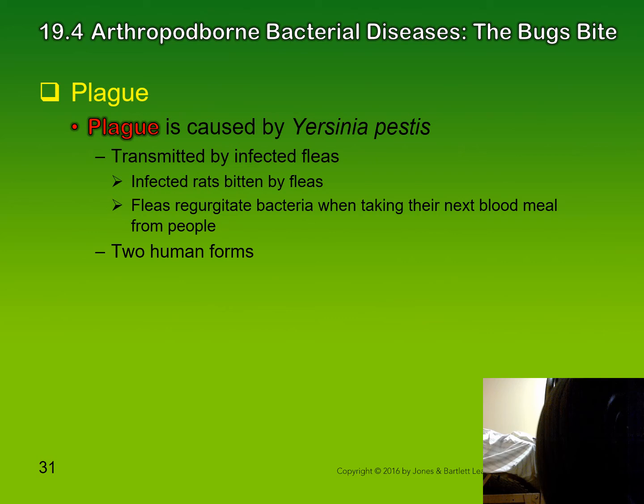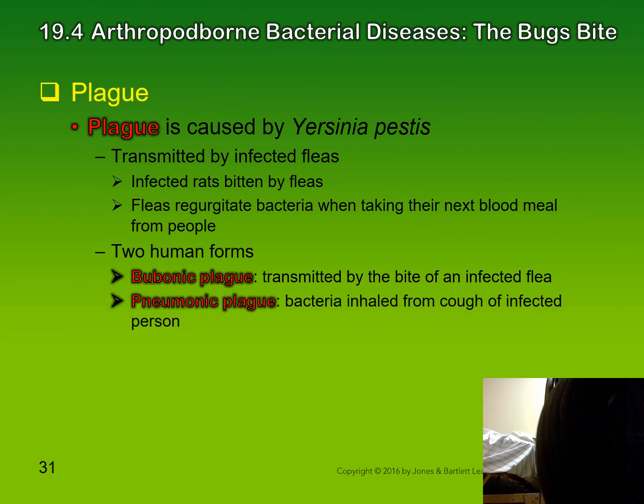Okay. We have two human forms of plague: bubonic plague, which is transmitted by the bite of an infected flea, and we also have pneumonic plague, where the bacteria are inhaled from the coughing of an infected person. Okay.